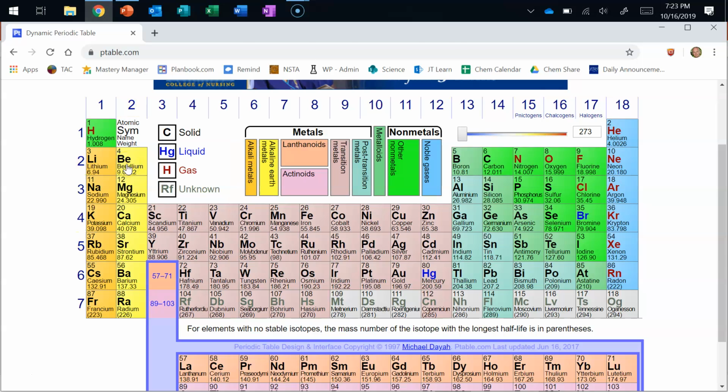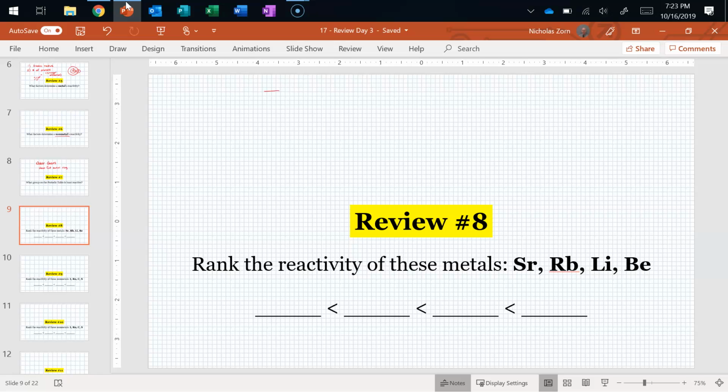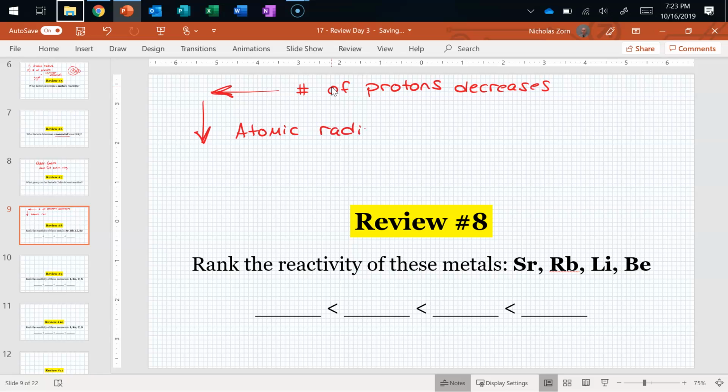On the periodic table, metals are most reactive as they go to the left, so as the number of protons decreases, and then as we go down, we also notice that the atomic radius increases. Those are the two factors we talked about earlier.